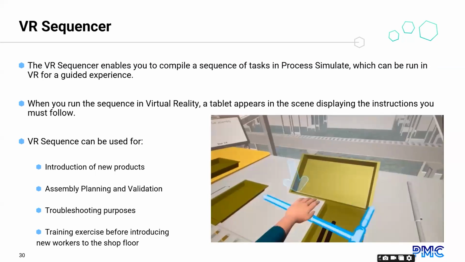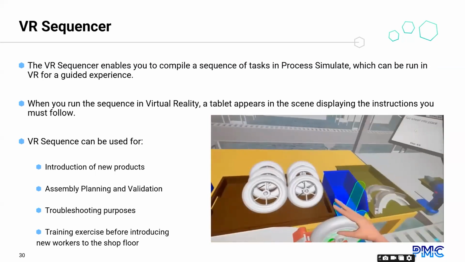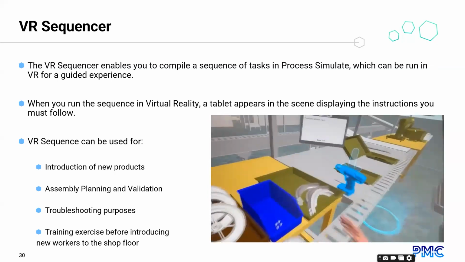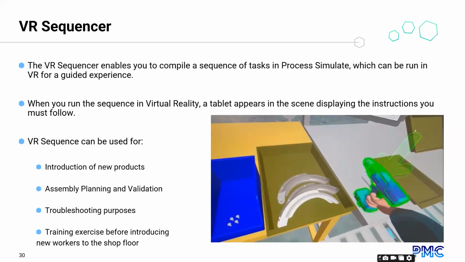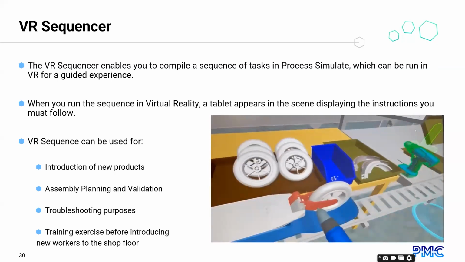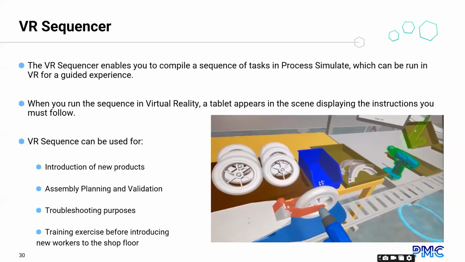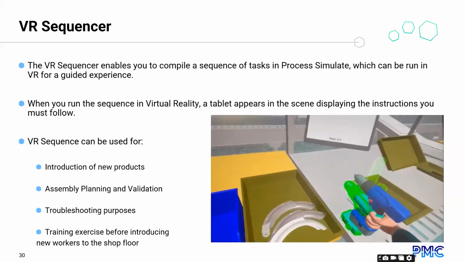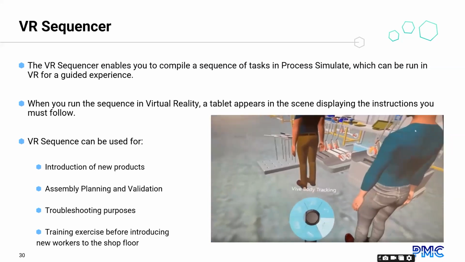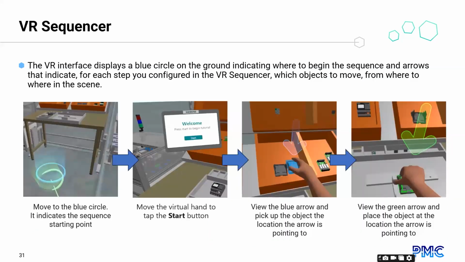After creating the 3D environment, everything is programmed within the simulation using this functionality. When activating the virtual reality sequencer mode, a blue circle will appear on the ground that indicates where to start the assembly sequence.